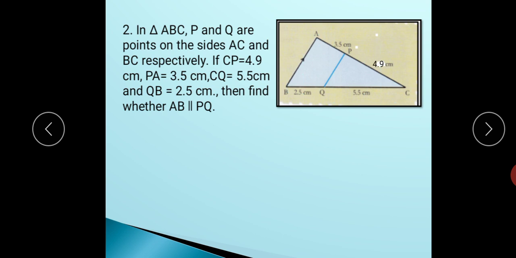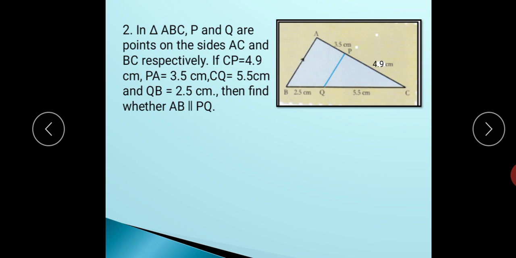In triangle ABC, P and Q are points on side AC and BC respectively. If CP is equal to 4.9 centimeters, PA is equal to 3.5 centimeters, CQ is equal to 5.5 centimeters, and QB is equal to 2.5 centimeters, then find whether AB is parallel to PQ.